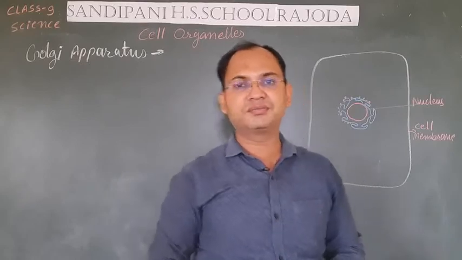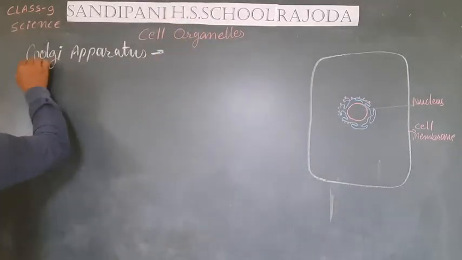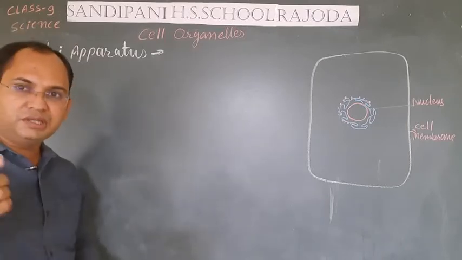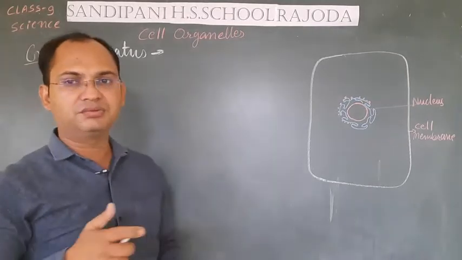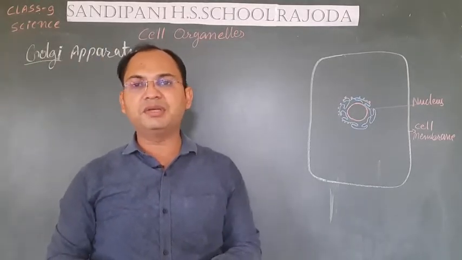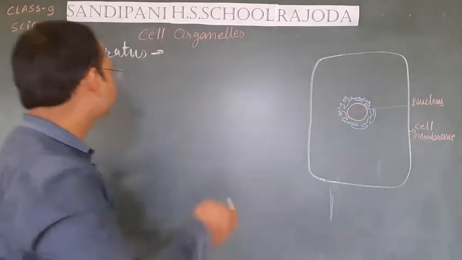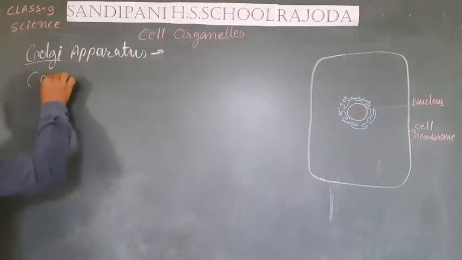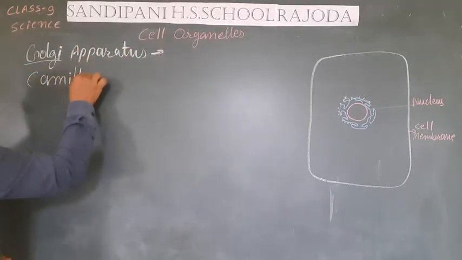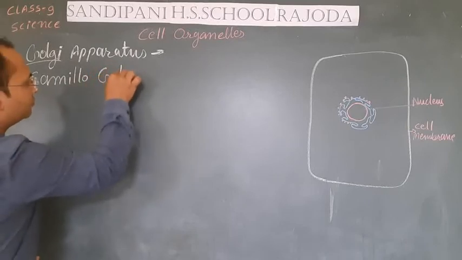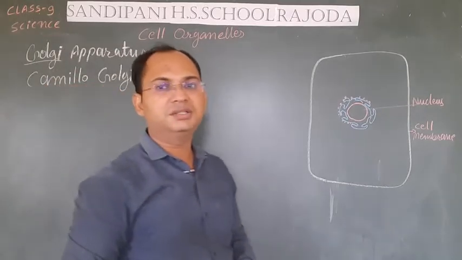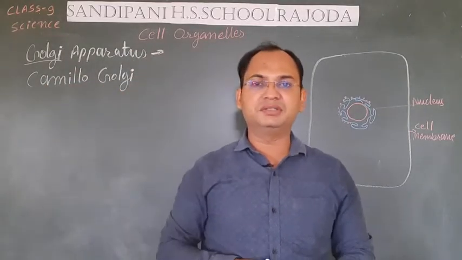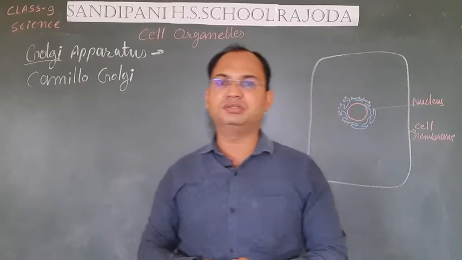Actually students, the word Golgi comes from the name of its discoverer, and the full name of the discoverer who discovered the Golgi body was Camillo Golgi. In honor of this scientist, the name Golgi apparatus or Golgi body was given.